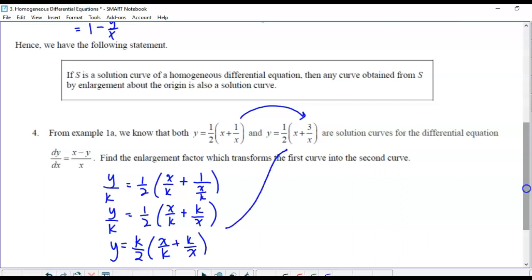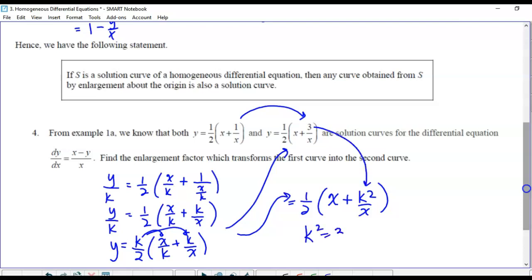We want to try to make it look like this one, so let's multiply in by k each term, leaving the half out. The k is going to divide out in the first, so you'll just get x, plus k squared over x. And now it has to equal 3, so therefore k squared equals 3, k equals plus or minus root 3. For stretching, we don't incorporate the negative, so that's inadmissible. So k equals the square root of 3. And that's it.